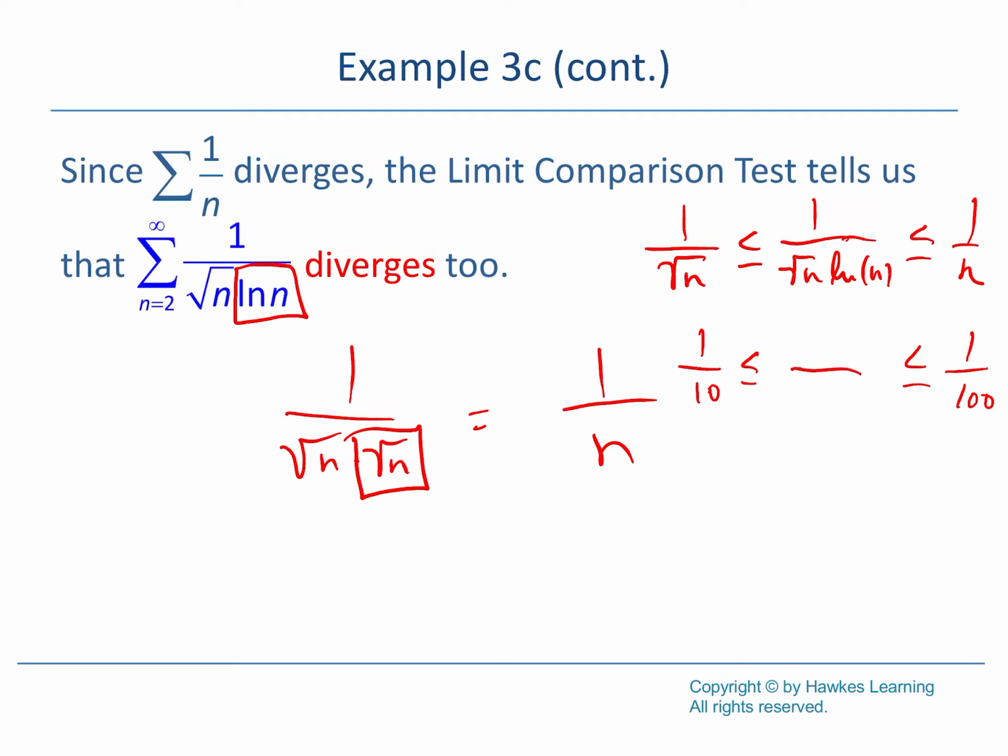If you look at 100, the ln of 100 is only 4.6. So, yeah, you'd have 10 times 4.6 there on bottom. But yeah, it diverges as well. We're between two divergent series there.